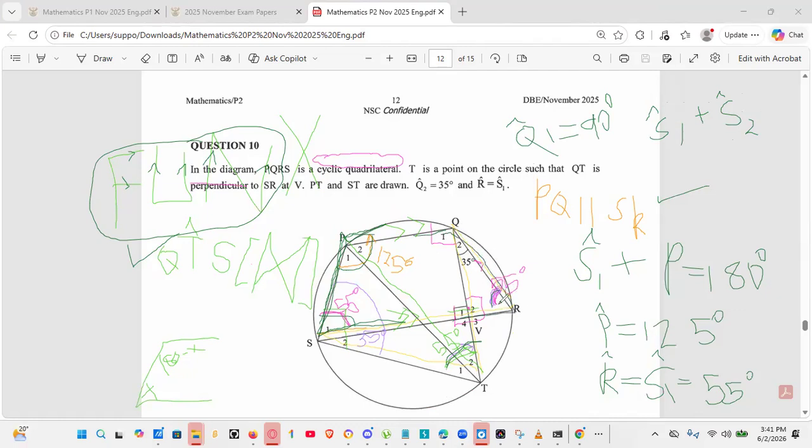Then you'll say 55, 35. What's left? It's actually a 90. Or you could say opposite angles of a cyclic quad. This cyclic quad PQSR, the one that they gave us. Then we'll say 180 minus 35.